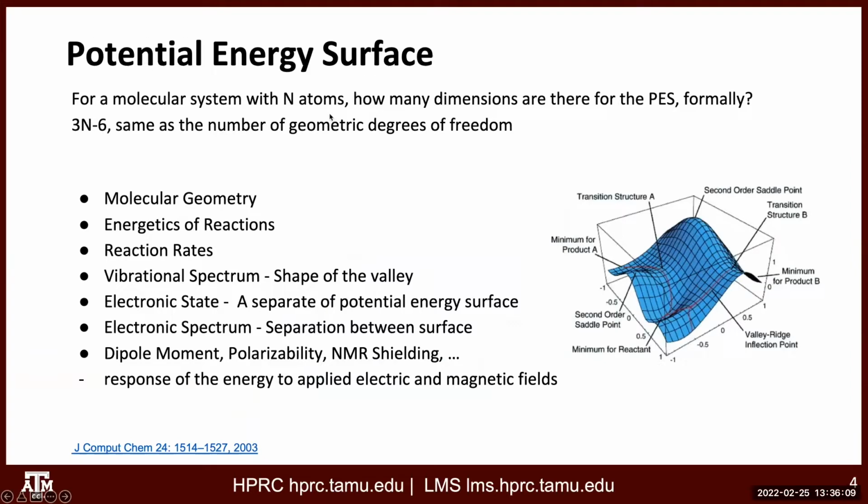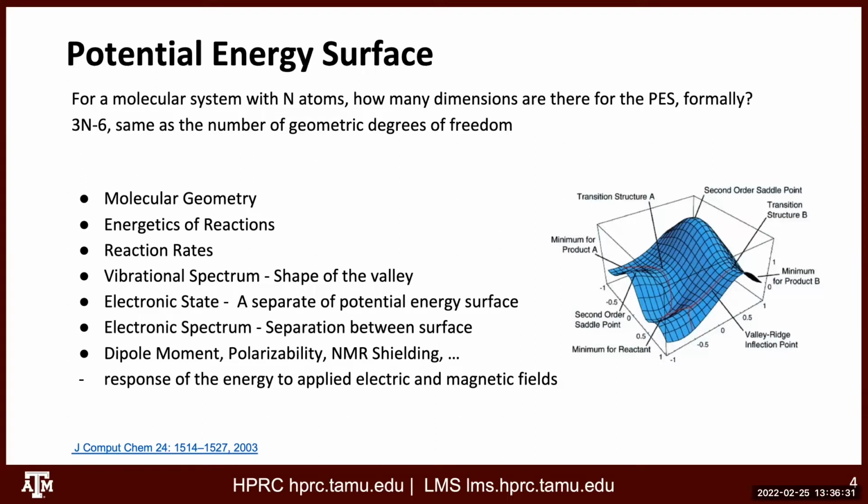Formally, the dimensionality of the potential energy surface is the same as the number of geometric degrees of freedom of a molecule. That is 3N minus 6, where N is the number of atoms. Why is it not 3N?